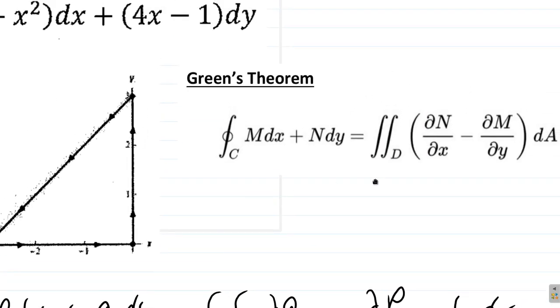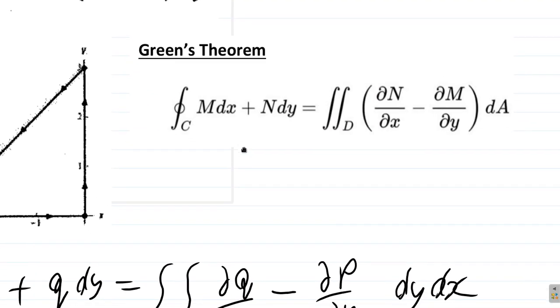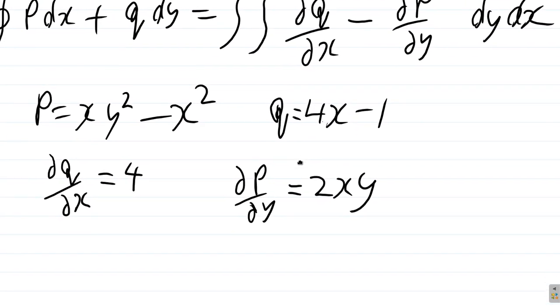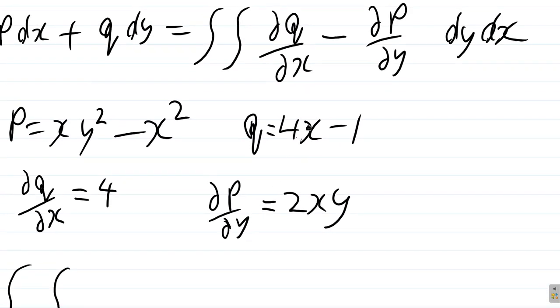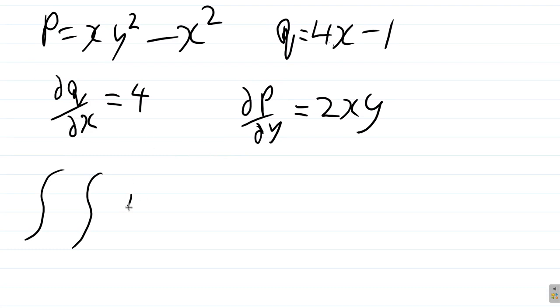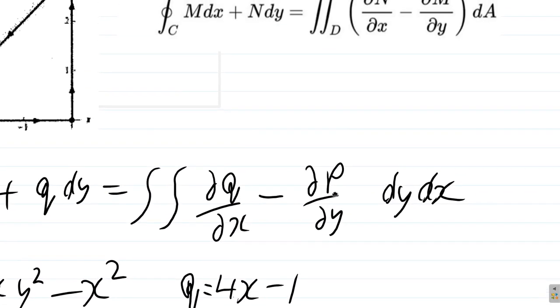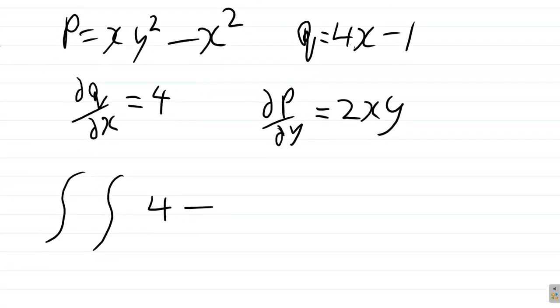Now we have the double integral of partial q by partial x, in this case 4, minus partial p by partial y, in this case 2xy. Okay, let me use dy dx.